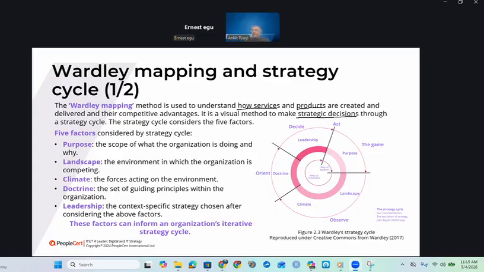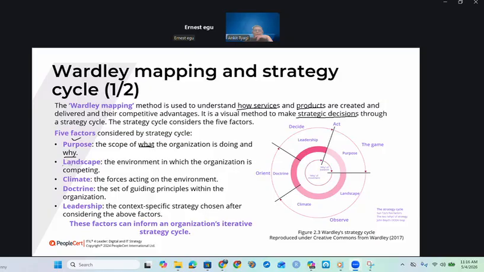The strategy cycle considers 5 factors. First, the purpose. Why are we doing it? The scope of what the organization is doing and why. Two things. Now, if you look at the strategy cycle or the Wardley mapping in a very generic way, for doing anything, these are the five factors that we look at.